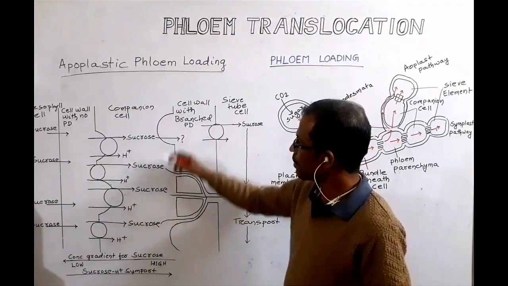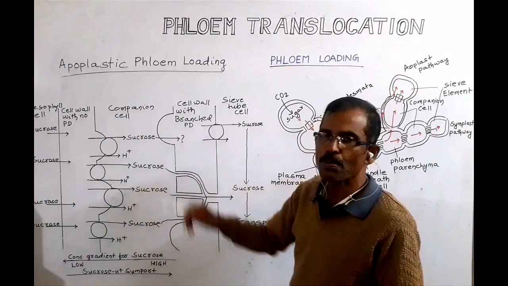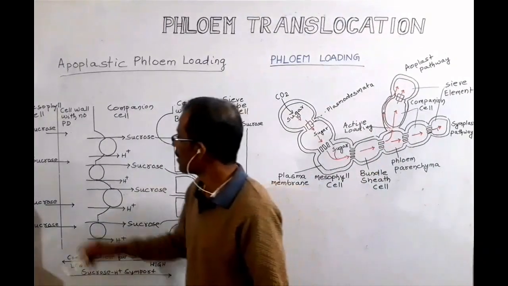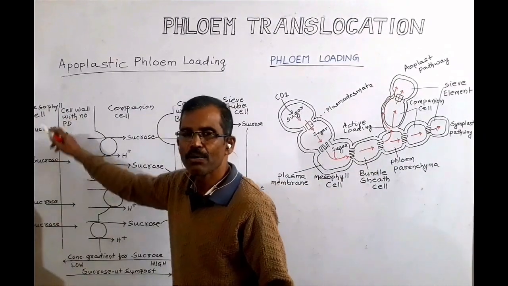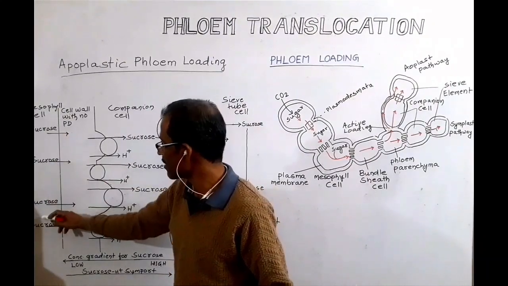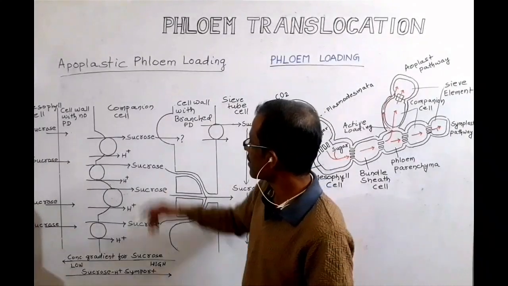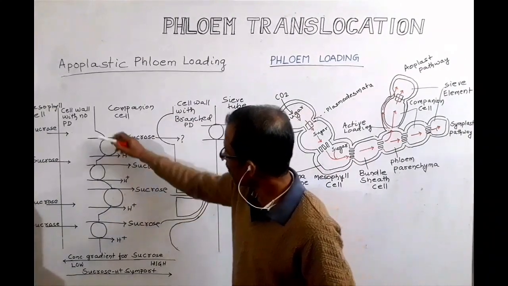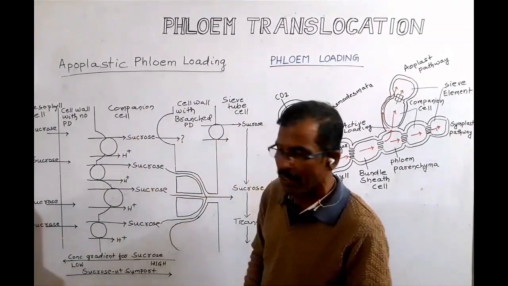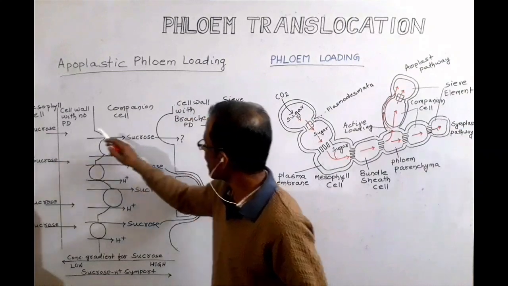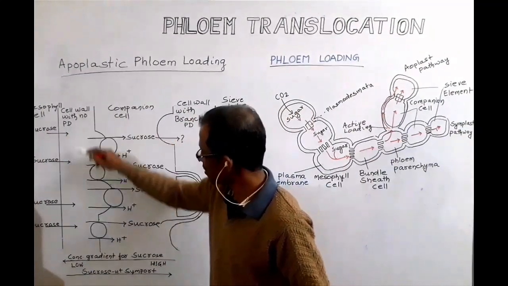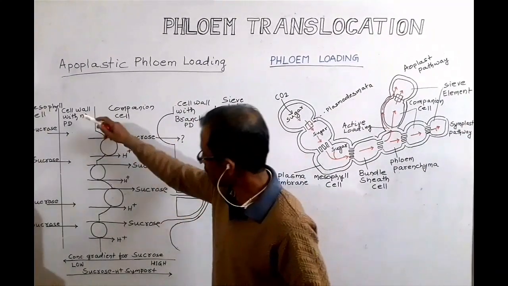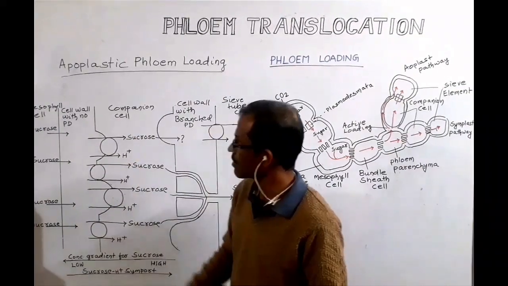This figure explains the process of apoplastic phloem loading. This is the mesophyll cell where sucrose molecules are synthesized. And this is the companion cell. It is a transfer cell having wall ingrowth. In between the mesophyll cell and the companion cell, there is a cell wall, and the cell wall is the apoplast.